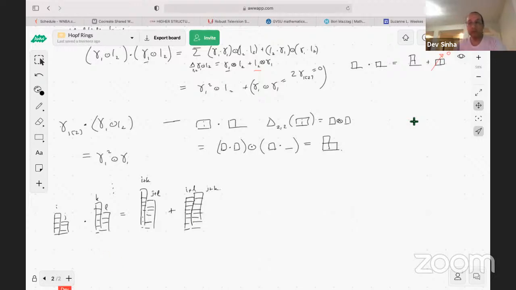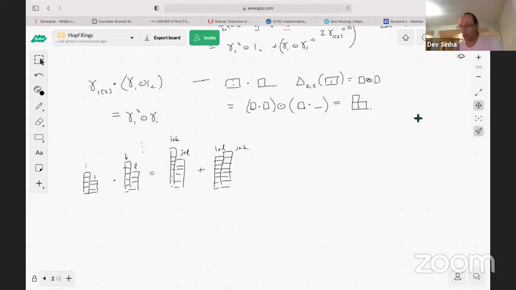Let's do one more. Let's look at gamma 1 transfer 1, 2 times gamma 2. So it's this times that.